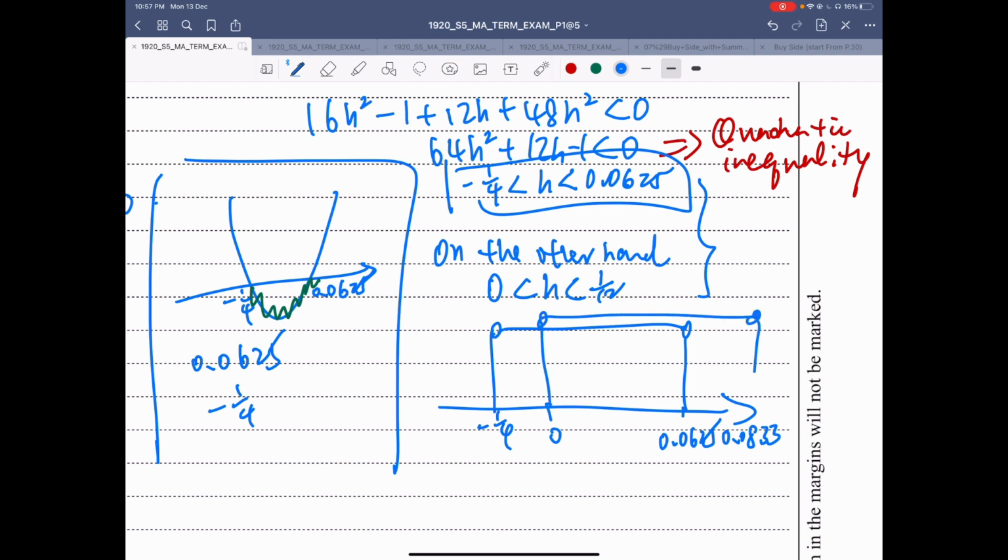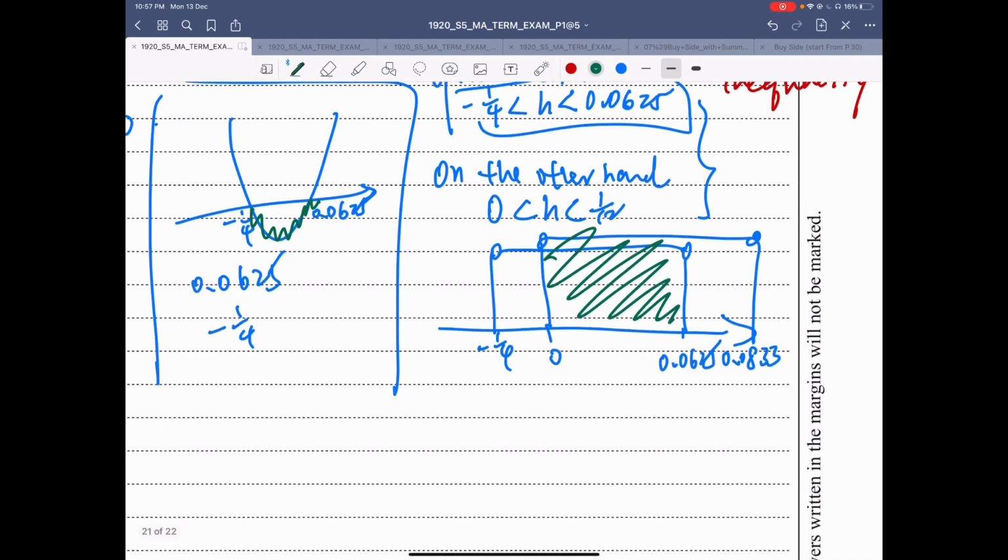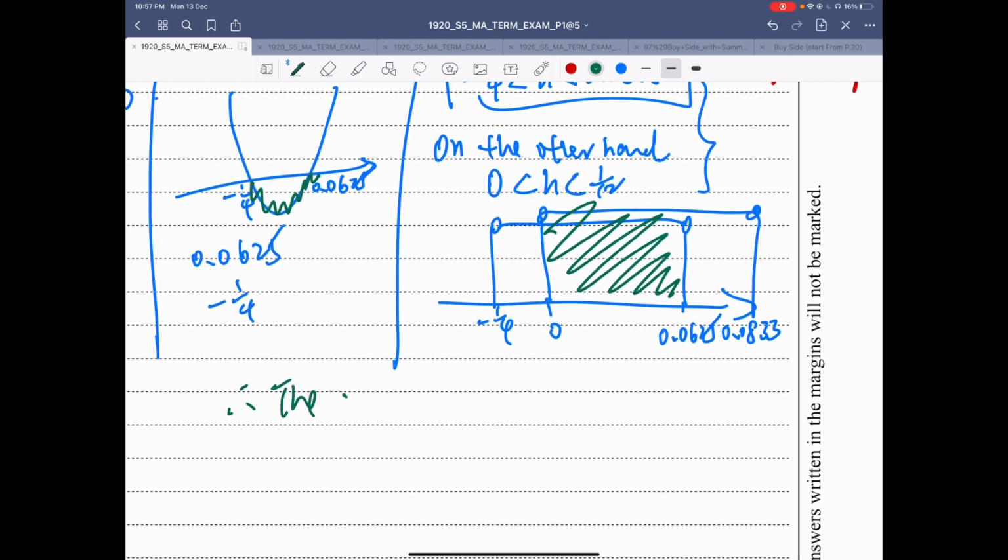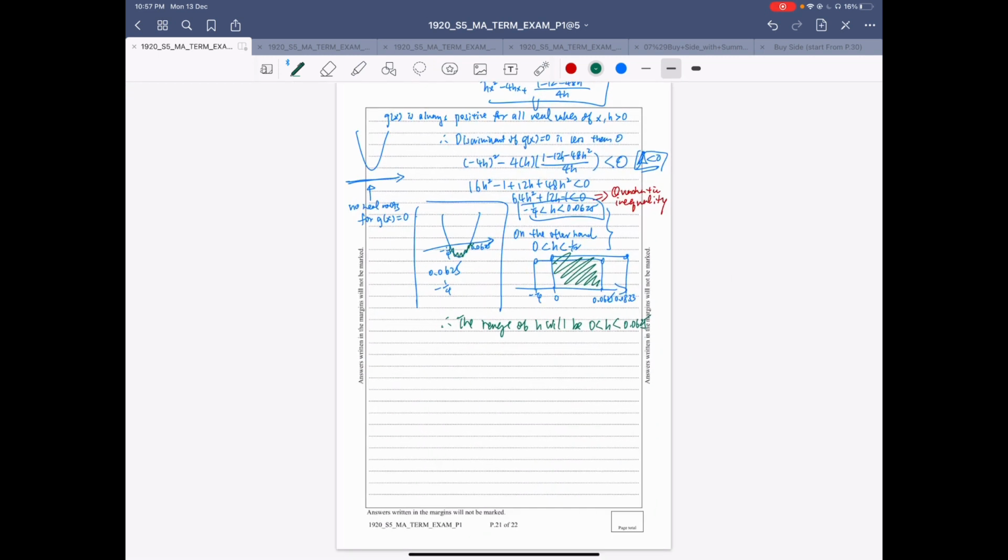Only the middle overlapping part counts. Therefore, the range of h will be 0 to 0.0625. All right, this will be the solution for the whole question 19.